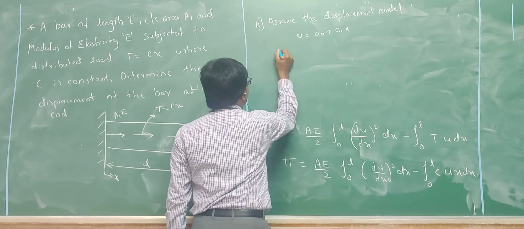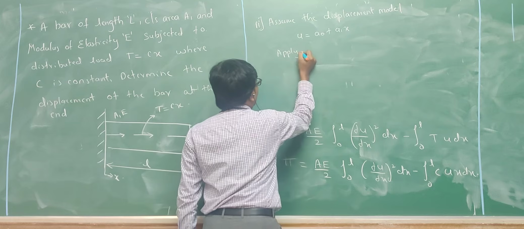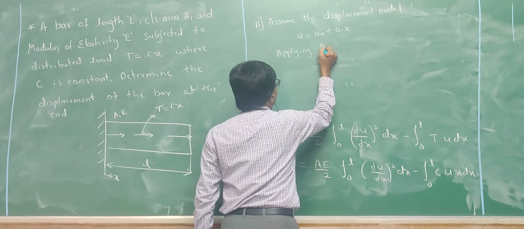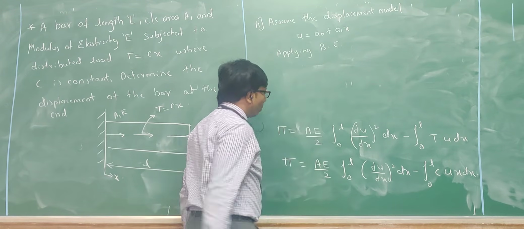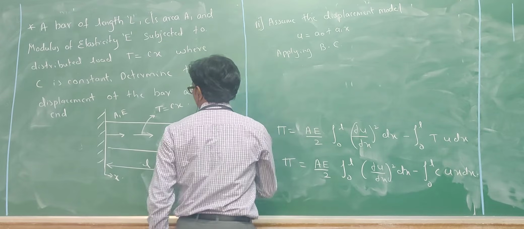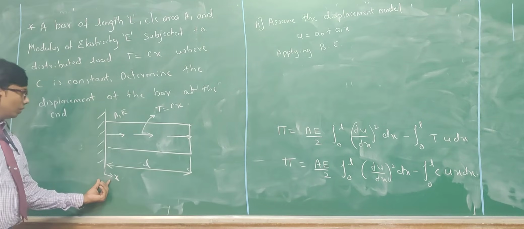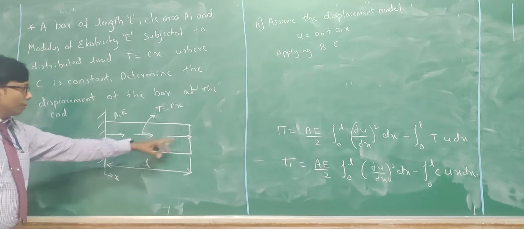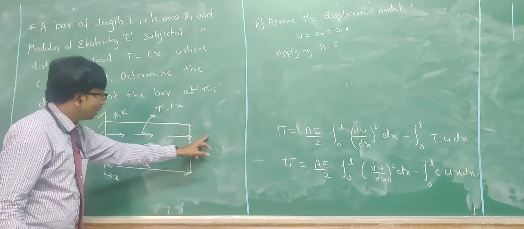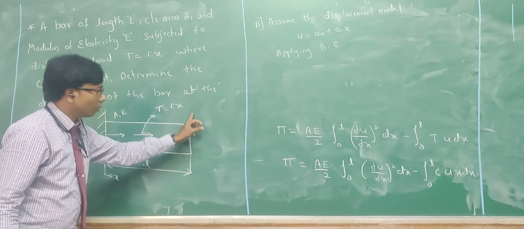So now I'll be applying boundary conditions. What are the boundary conditions we know? We know only one boundary condition, that at x is equal to 0, u is equal to 0. In the previous problem there was a point load acting here, so because of this load there was a displacement.